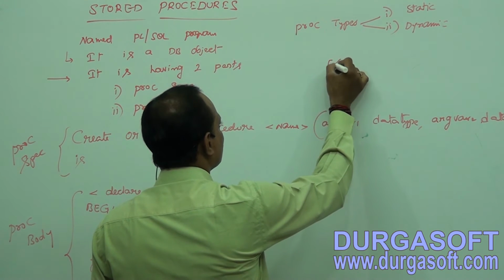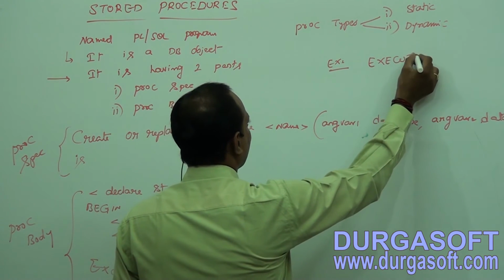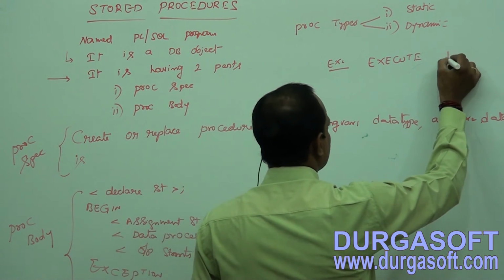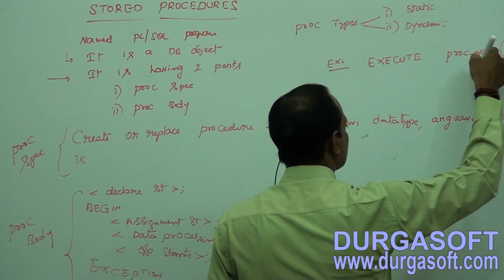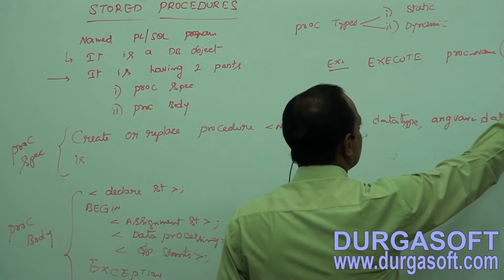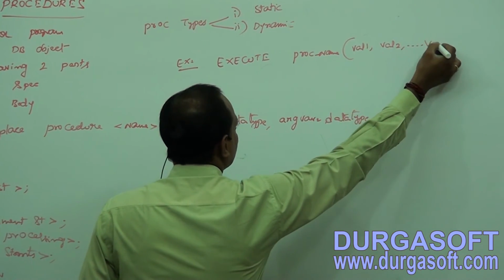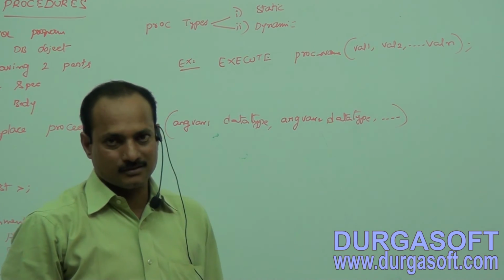By using the execute command we can execute the procedure. Execute, specify the procedure name, and if the procedure has an argument list, we have to pass values for those arguments. If there are n arguments, you need to pass n values.